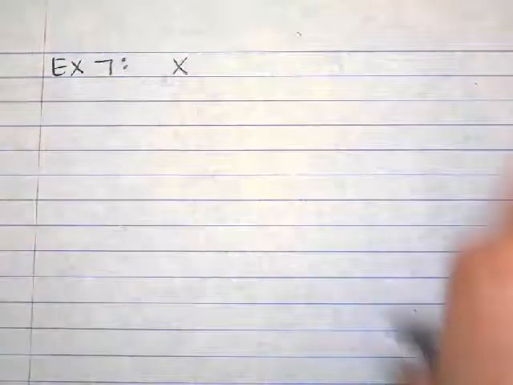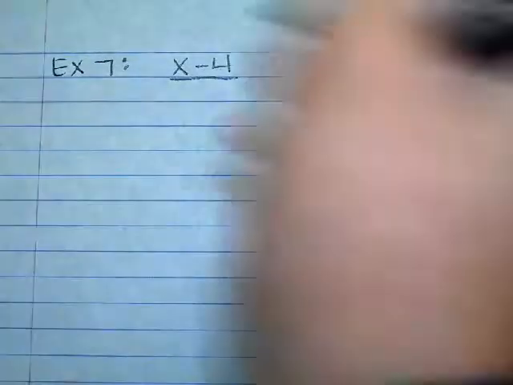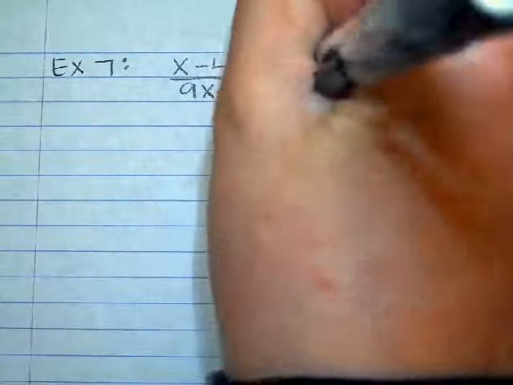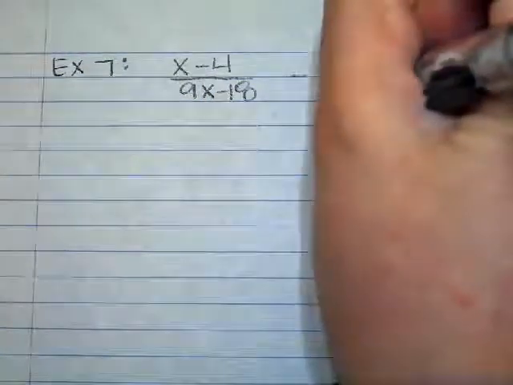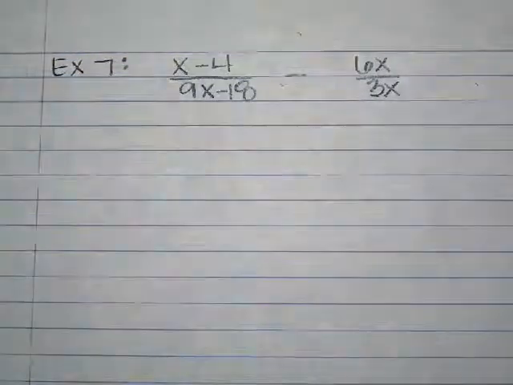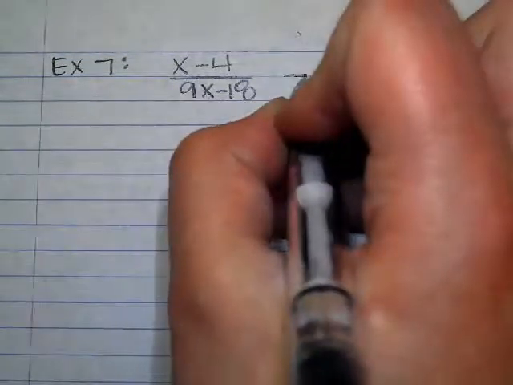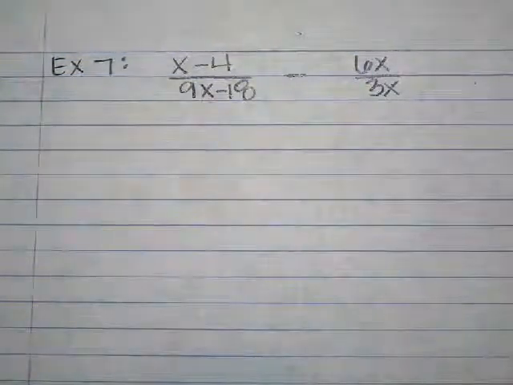Okay, so the first rational expression is x minus 4 over 9x minus 18. And the second one, we are subtracting off 6x over 3x.